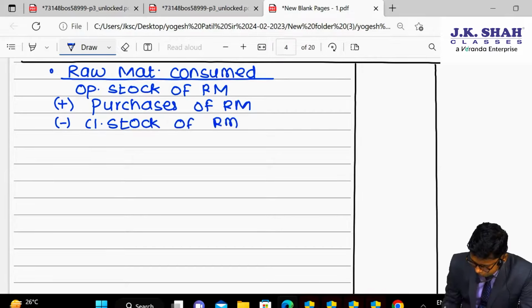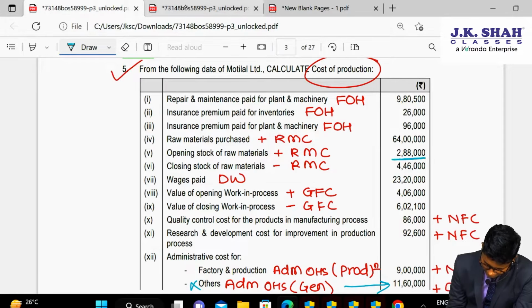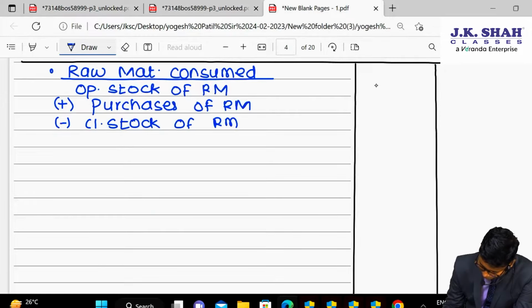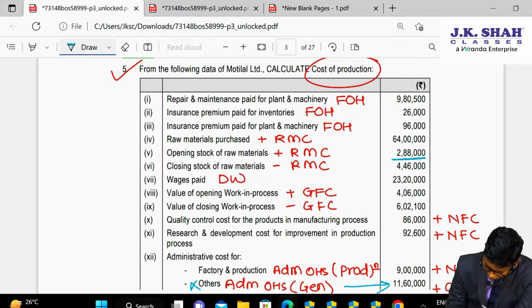Opening stock, purchase and closing stock are given in the question. Opening stock is 2,88,000, purchase is 64 lakhs. Closing stock of raw material is also available with us, and that is 4,46,000.